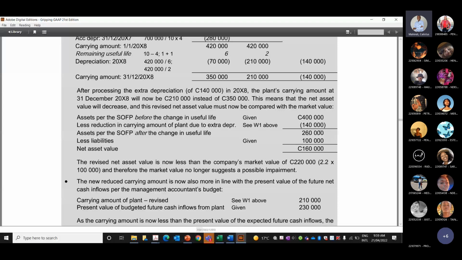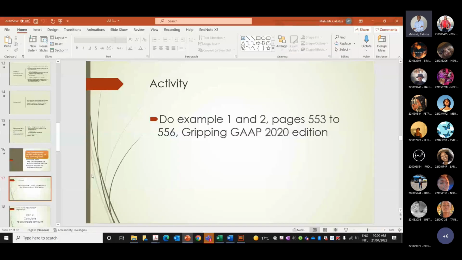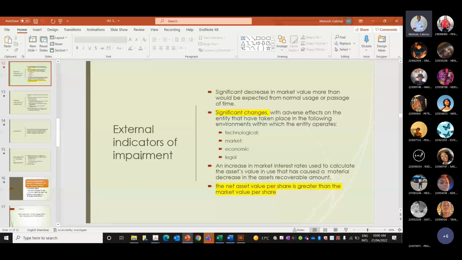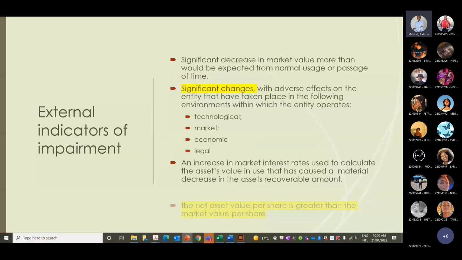Now this net asset value, we compare it against the market value. So remember in the theory, let me go back to the slides. One indicator of impairment is if the net asset value per share is greater than the market value.